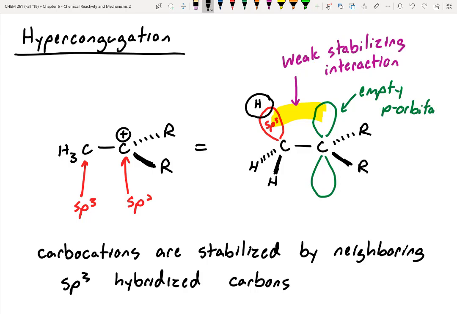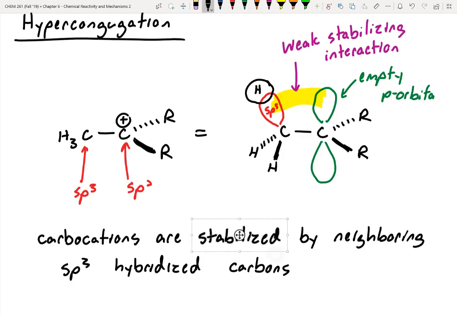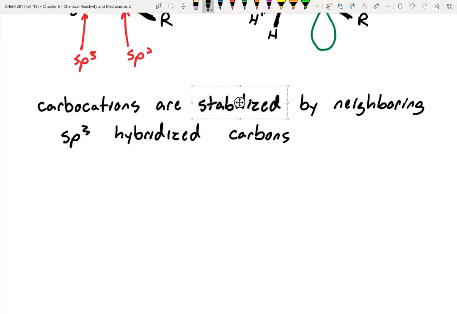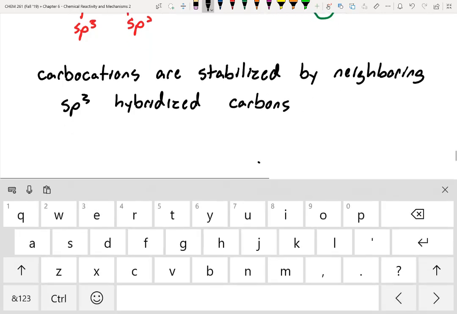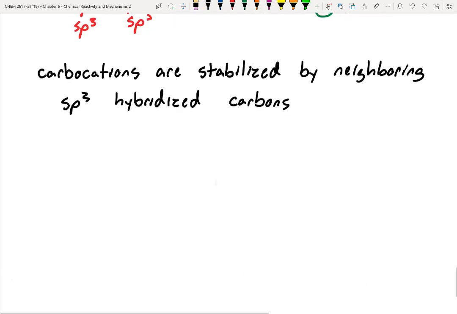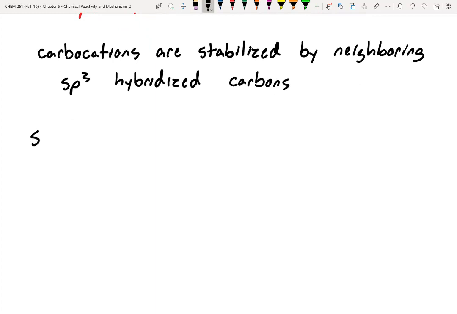All right, so let's try to make some claims here. So we know that stability can be measured. Resonance is the best.